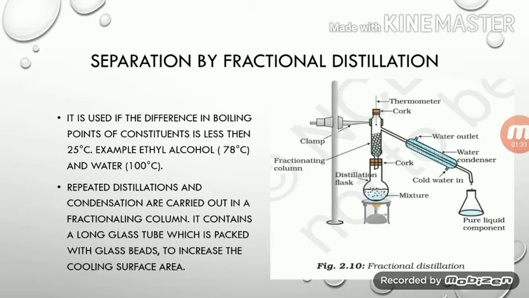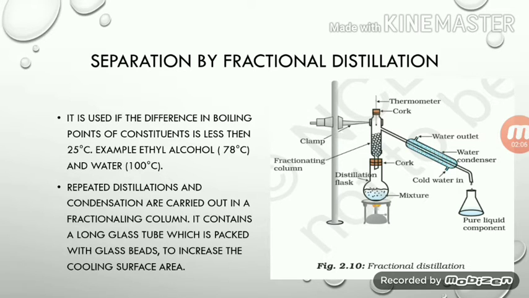It contains a long glass tube which is packed with glass beads to increase the cooling surface area. See this picture: a beaker with the mixture is heated, and the fractionating column contains beads, which help increase the surface area for cooling.